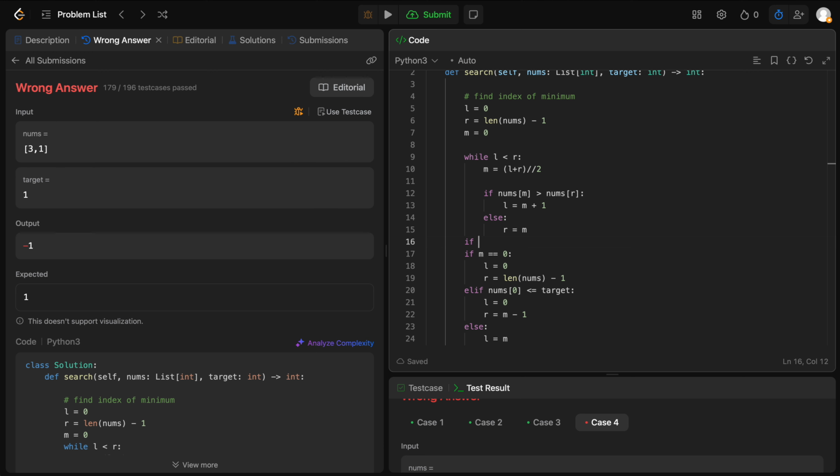So if right is equal M, if right is not equal M, then, well, either way, M should be right, if I'm correct.